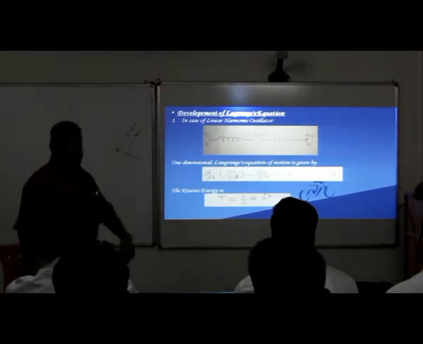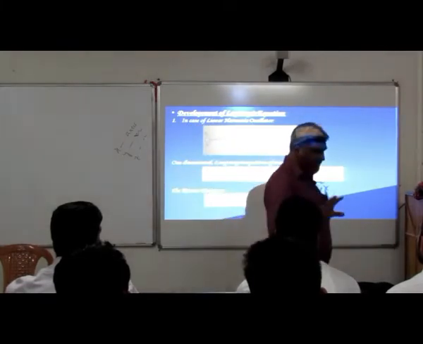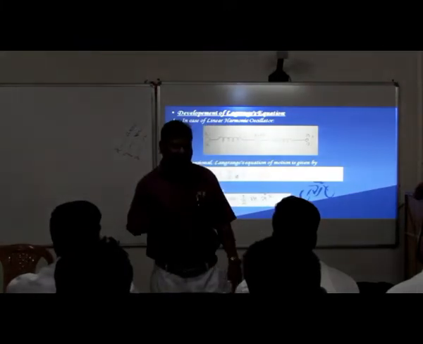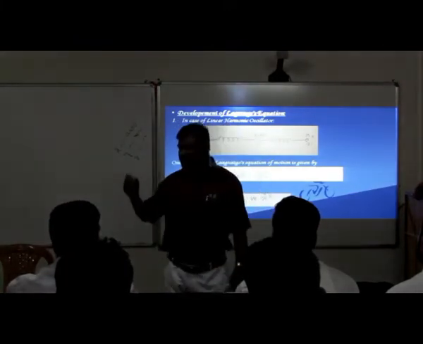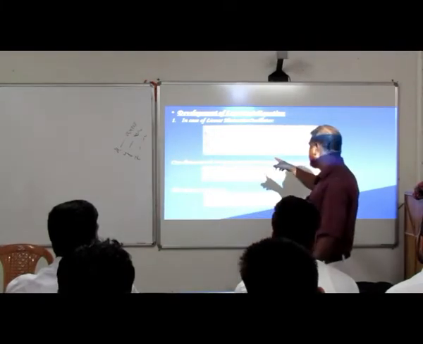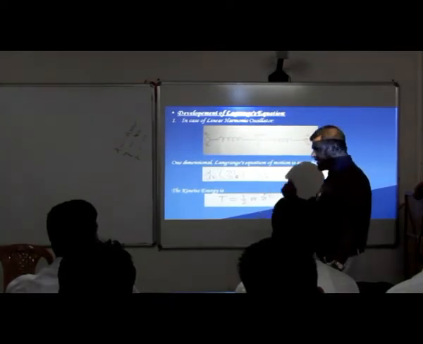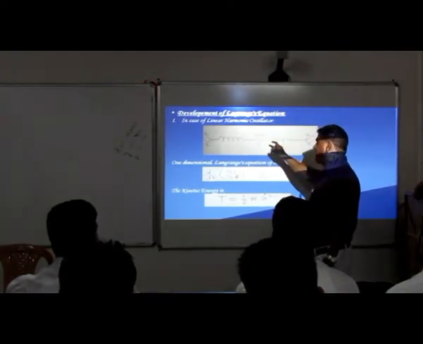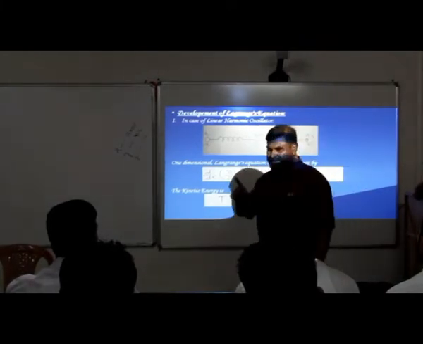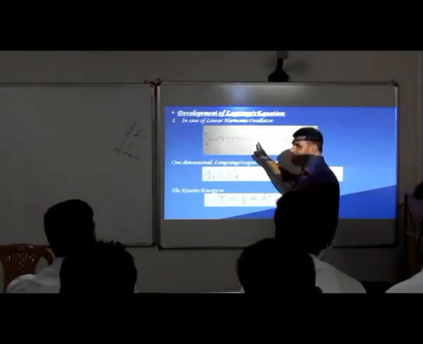linear harmonic oscillator. And what is the linear harmonic oscillator? A linear harmonic oscillator is an arrangement where a mass of a body is attached to a spring and placed in a horizontal direction which is frictionless. If somebody pulls it from its mean position and releases it quickly, it is found that the particle will move to and fro with respect to the mean position.